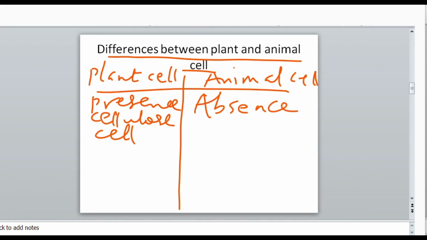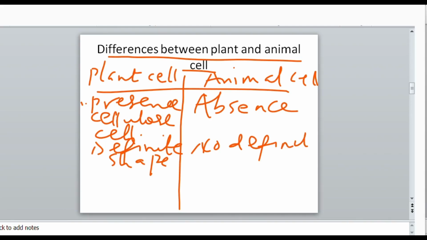Then we have this: the plant cell has a definite shape here, while the animal cell has an irregular shape. So no definite shape or irregular shape.